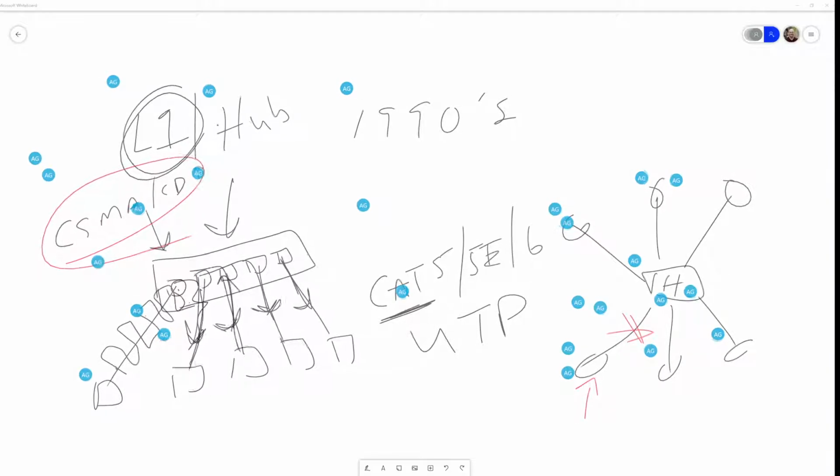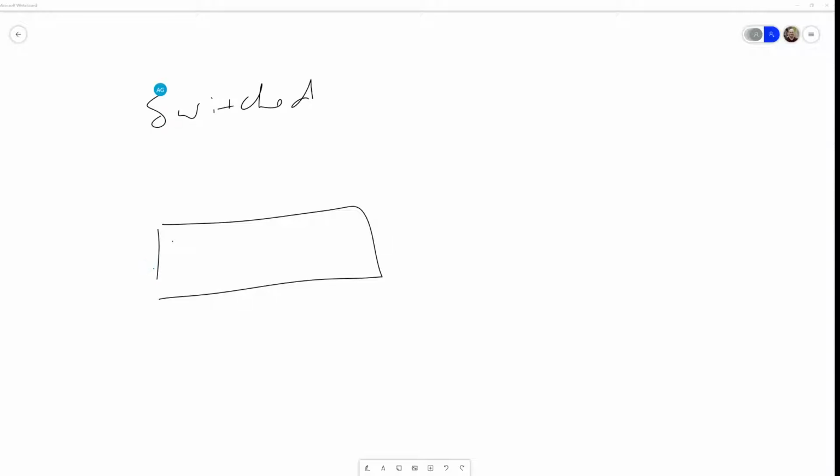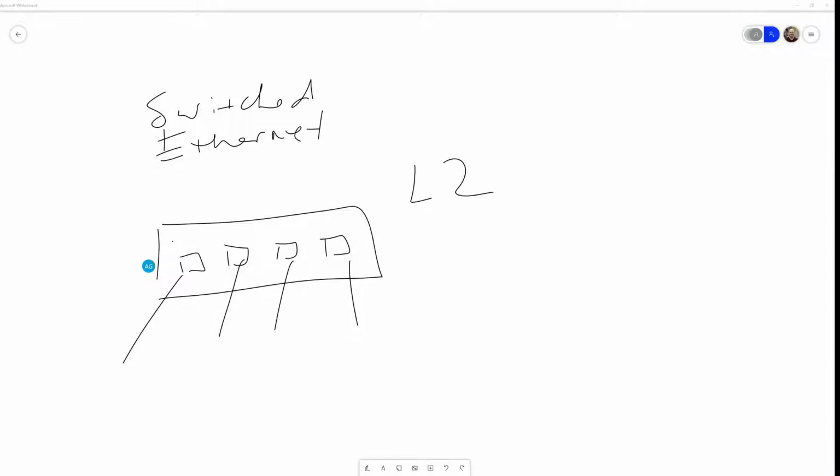When we got to where the new thing with switched Ethernet came about in the late 90s, I guess it was, we had switched Ethernet. We now had a very similar device, but now it was doing layer 2 intelligence, and the binary signal coming in would get reconstructed into an Ethernet frame.